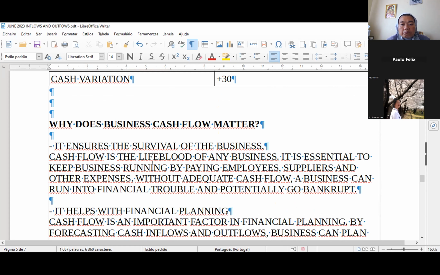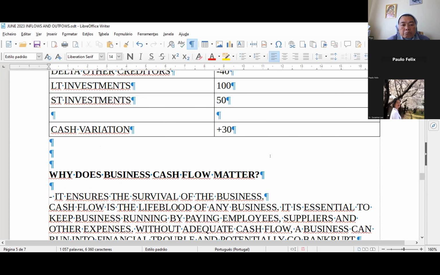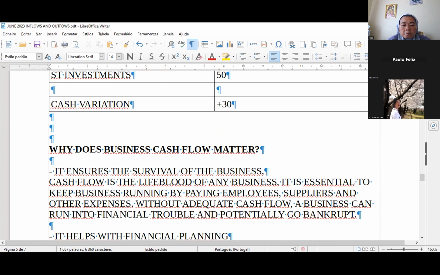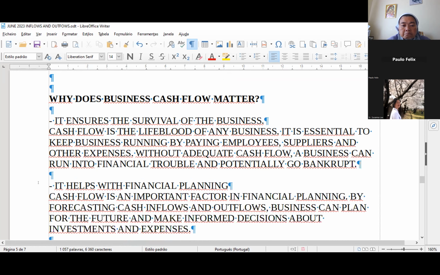Cash flow is the lifeblood of any business. It is essential to keep the business running by paying employees, suppliers, and other expenses. Without adequate cash flow, this comparison of money coming in and going out, a business can run into financial trouble and potentially go bankrupt.